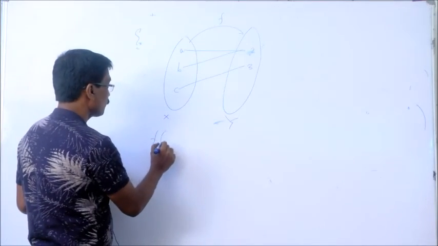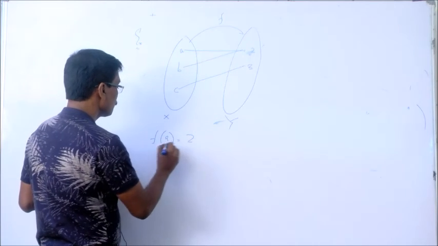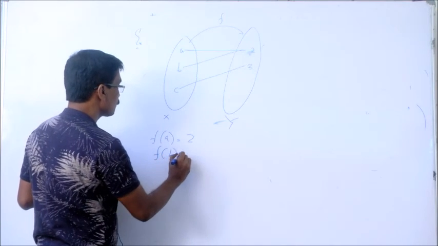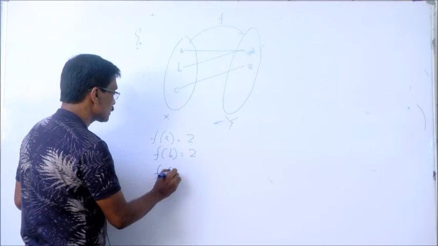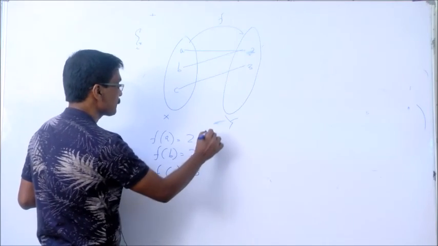Now, f of A is equal to 2, f of B is equal to 2, f of C is equal to 3.